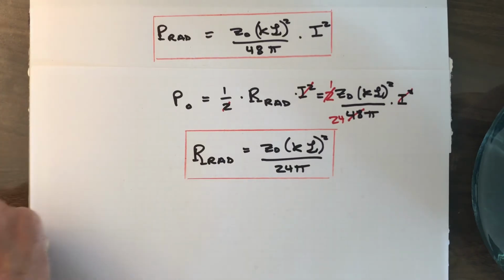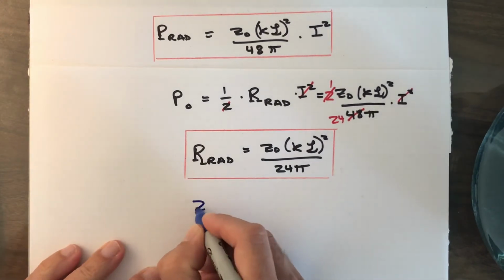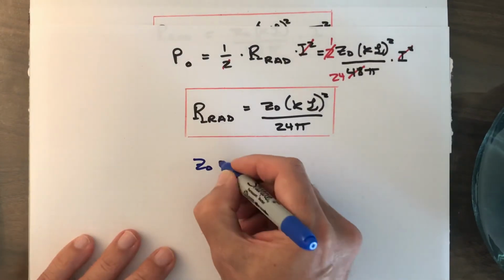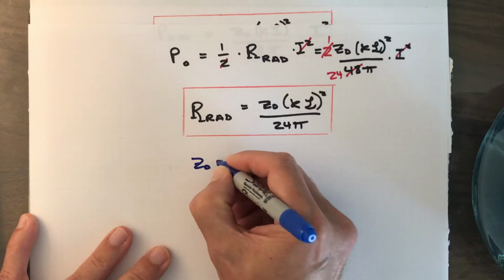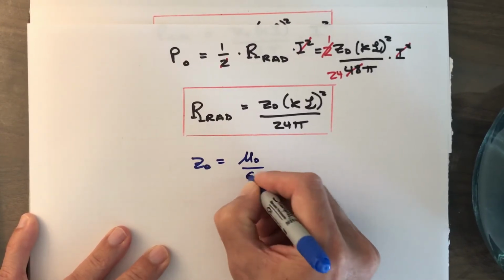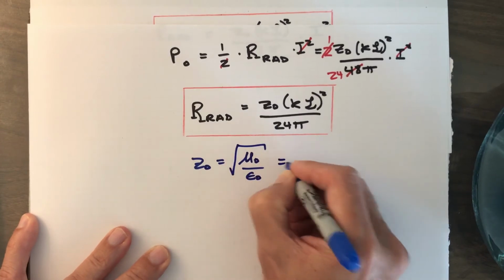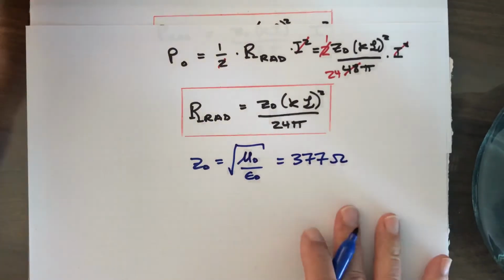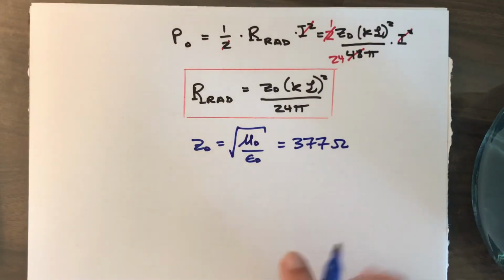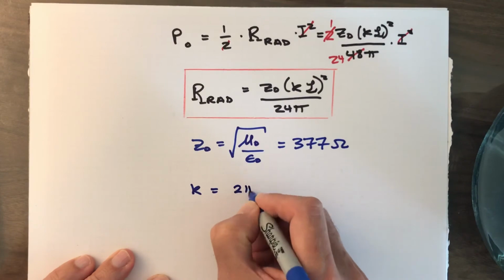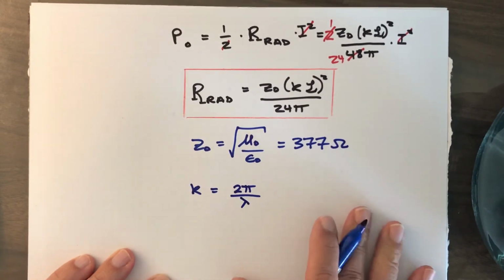That would be, if we go ahead and notice that Z naught is the characteristic impedance of the vacuum, which is the square root of mu naught over epsilon naught, and computes out to be 377 ohms. And K is the wave number, or 2 pi divided by lambda.